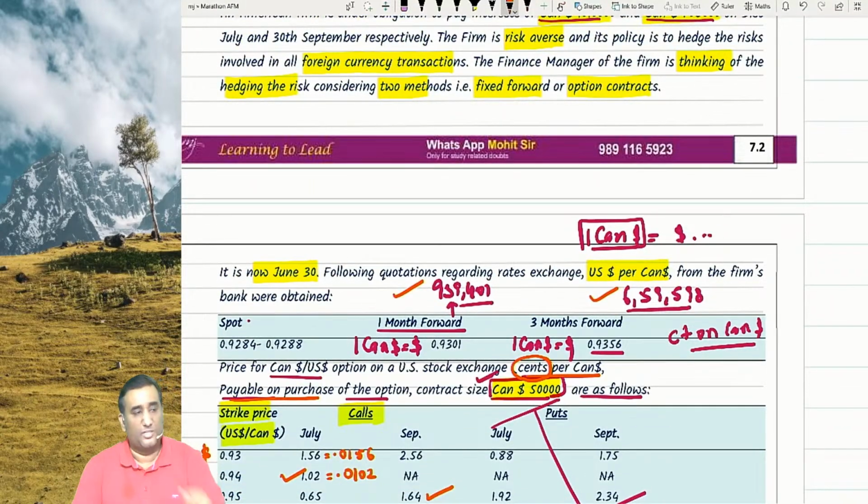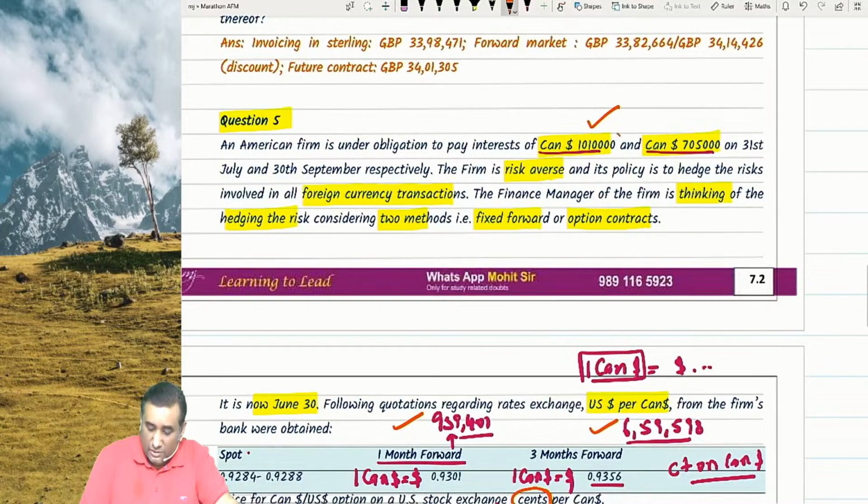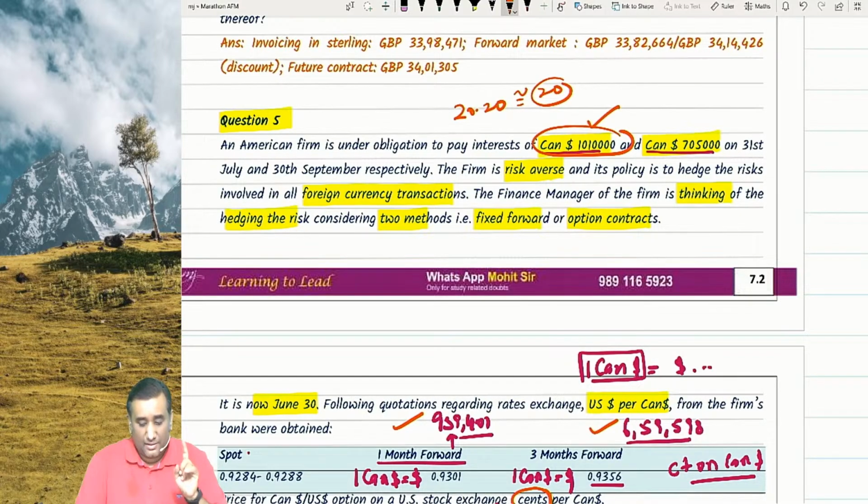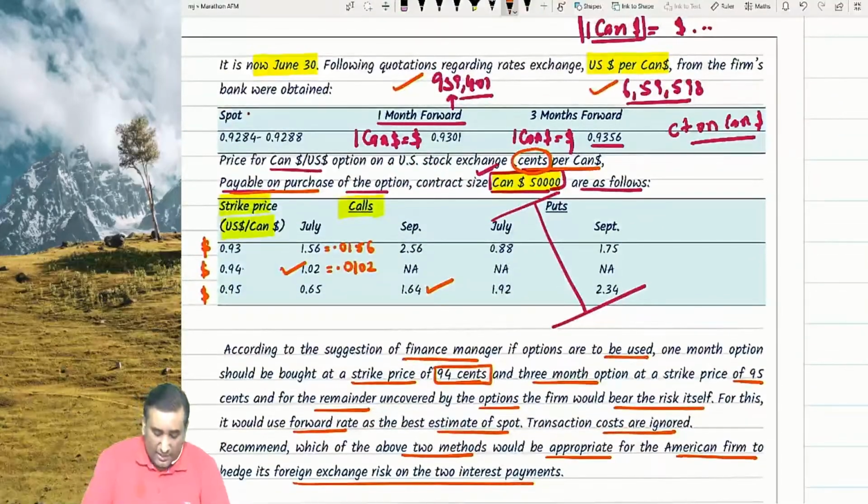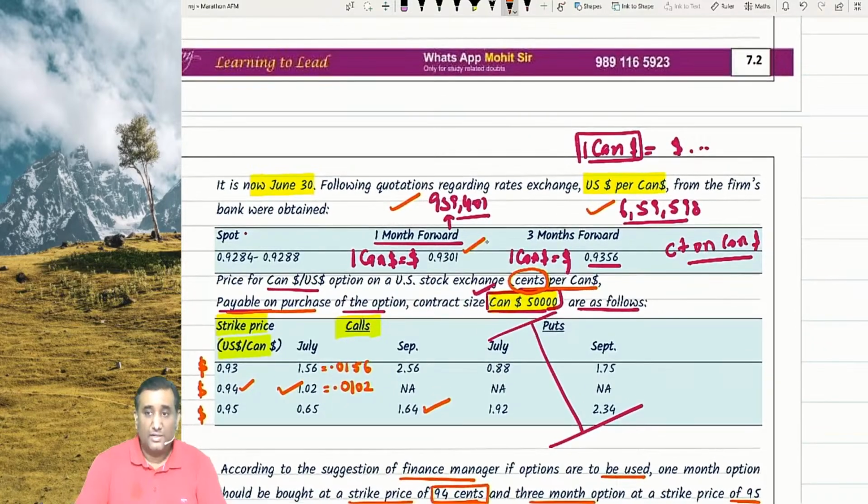Now let's verbally do the options. 10 lakh 10,000 divided by 50,000. You said 20 point how many contracts? Round off to 20 contracts. Basically 10 lakh Canadian dollars you will buy at 0.94. Costing will be 9 lakh 40,000. The balance 10,000 you will buy at what? 0.9301.